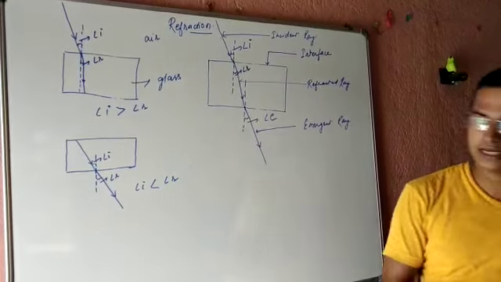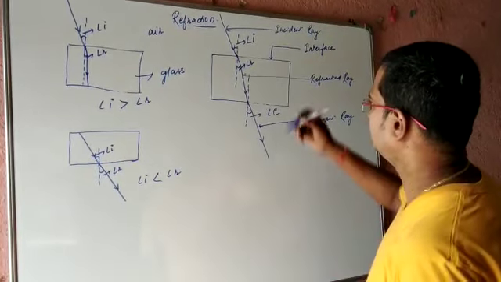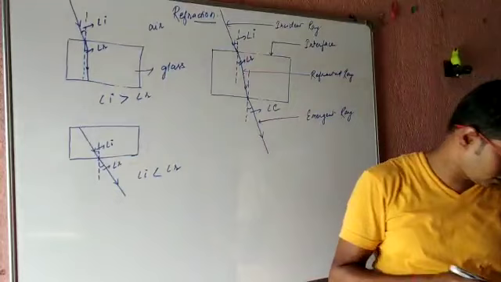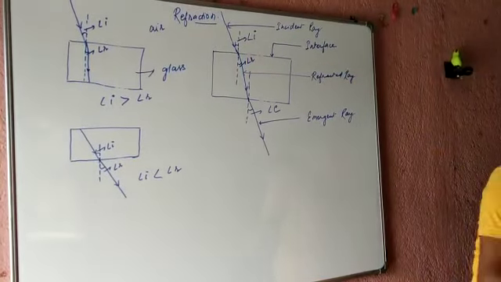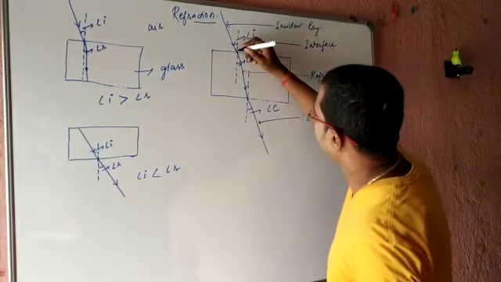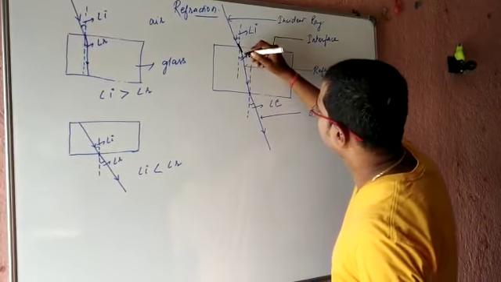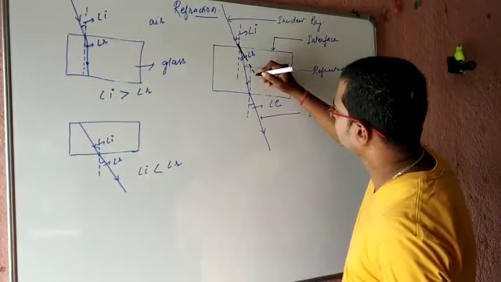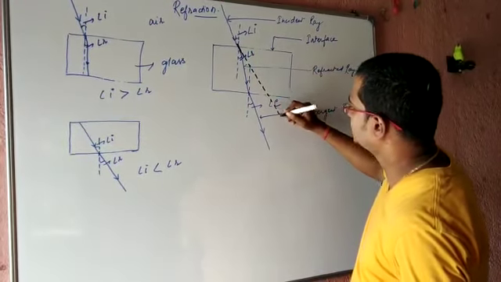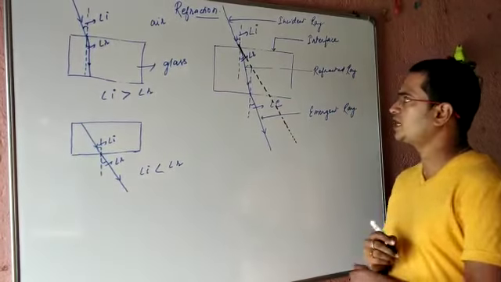In the same diagram, I will explain you one more phenomena. If the ray would have passed without refraction, means that if the incident ray would have passed in this way, so what happened?